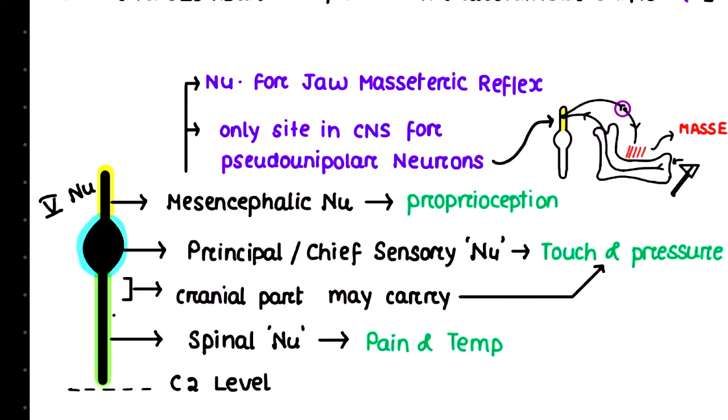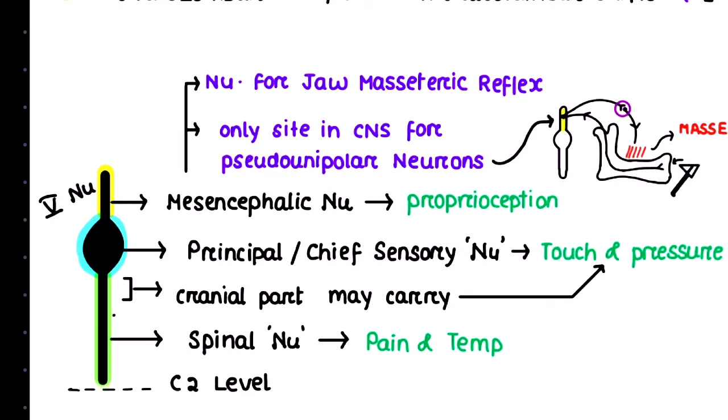As I have said, this spinal nucleus is so long that it extends up to the C2 level. Some part is present in the pons, in the medulla oblongata, and in the upper part of the spinal cord also. The upper cranial part of this spinal nucleus may also carry the sensation of touch and pressure. This is one important point to know.